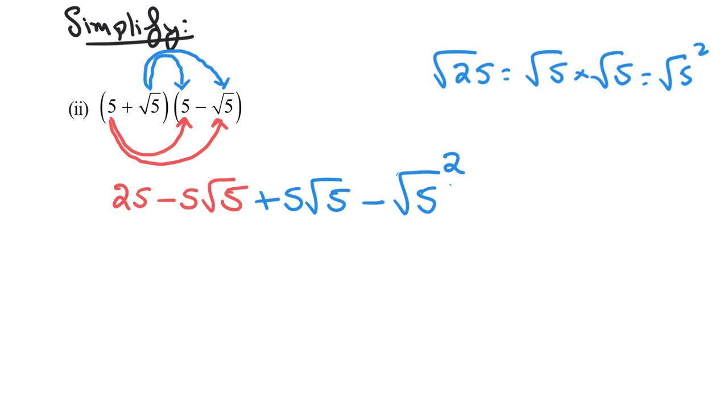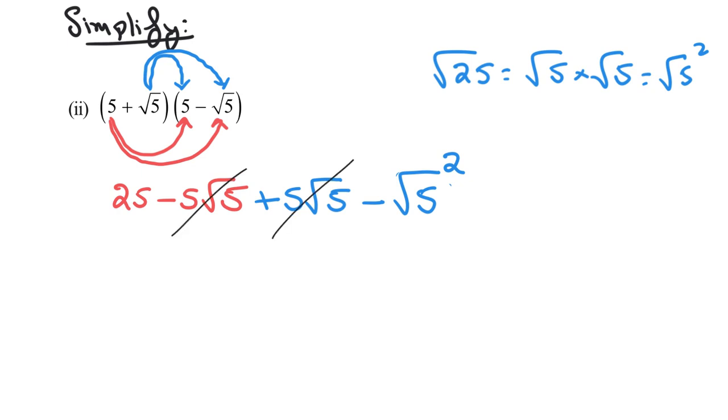What do you observe? Do you see the same radical signs with the same numbers inside? So we can simplify them. Minus 5 root 5 plus 5 root 5 is what? Is 0. Because minus 5 plus 5 is 0.